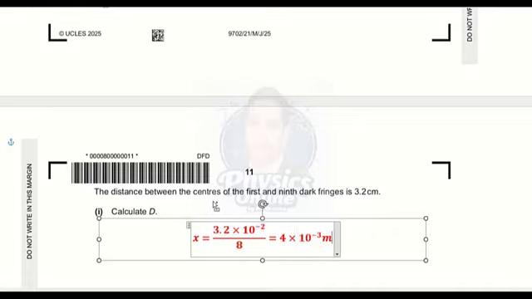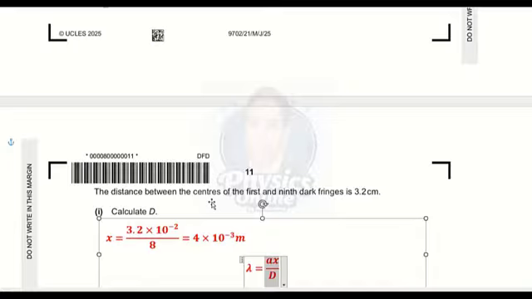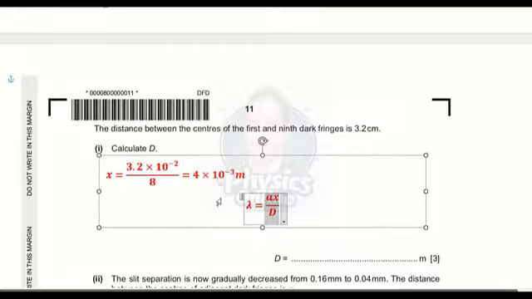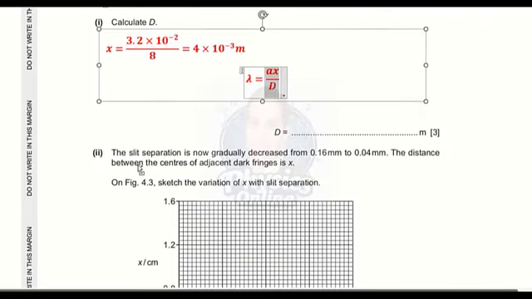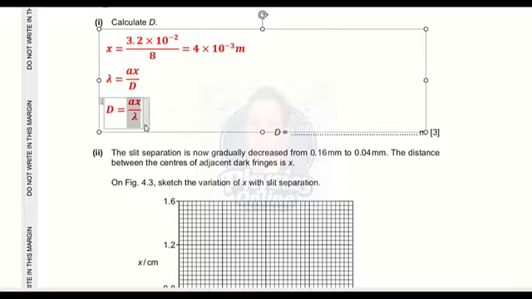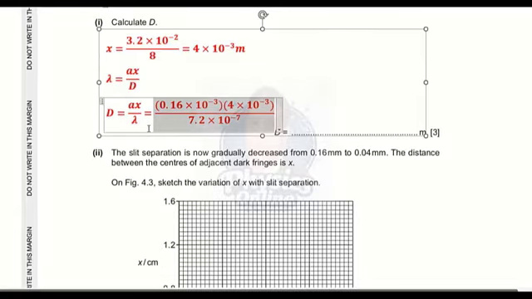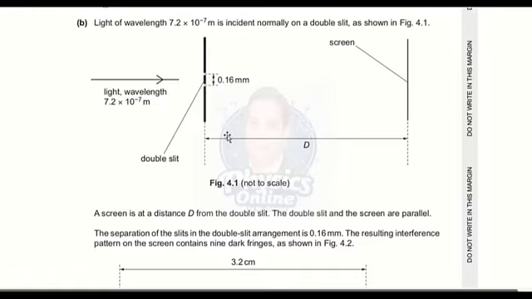We write the equation of the double slit. Lambda equals a x over d. We need to find d, the distance from the double slit to the screen. So we arrange the equation: d equals a x over lambda. a is the slit separation, which is 0.16 millimeter.